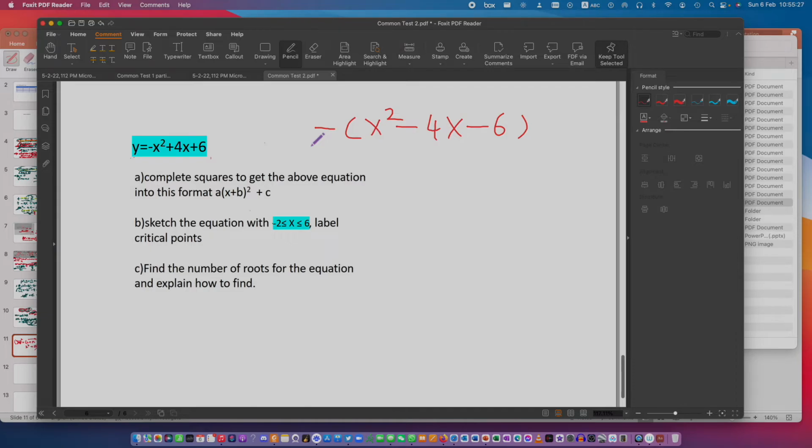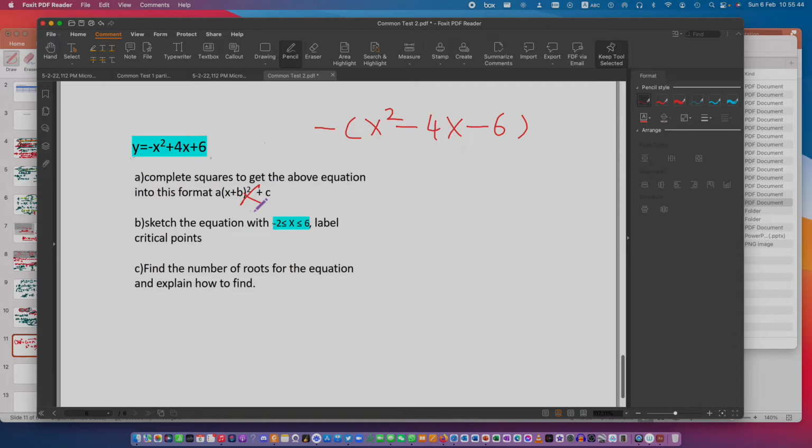Okay, so your answer? A equals to... No, I don't want ABC. I just want you to have that format only. By the way, over here it says complete the square to get the above into this format. That means they're not asking you to give ABC. They just want you to express it in this format. So you don't need to give ABC.